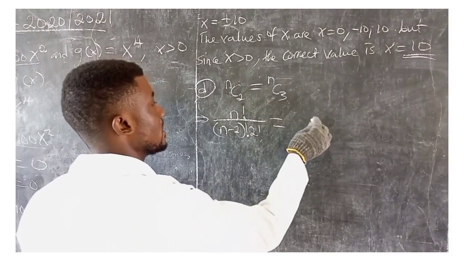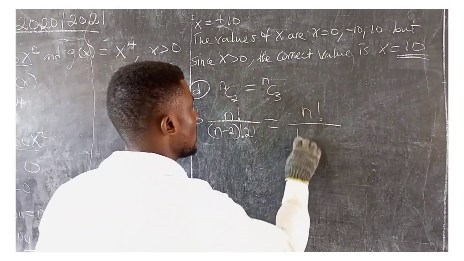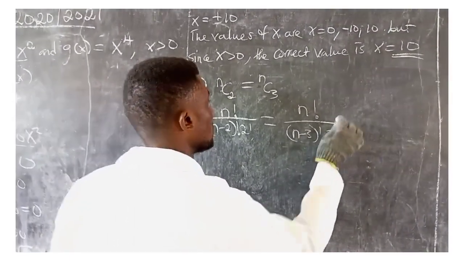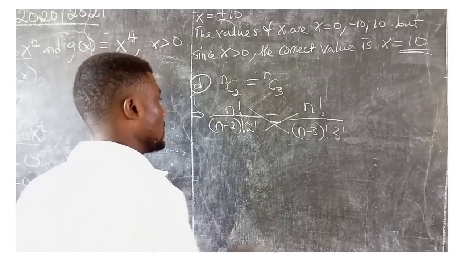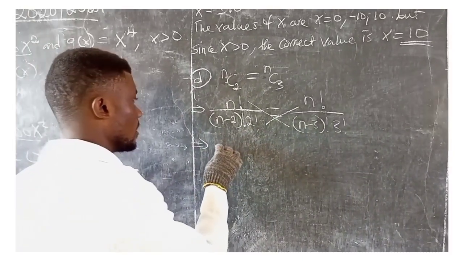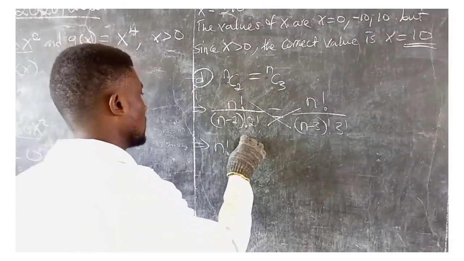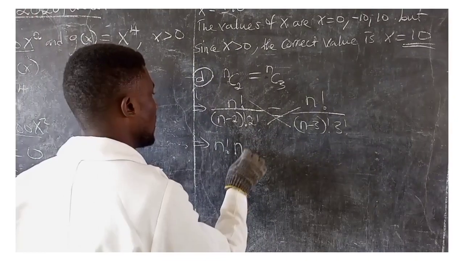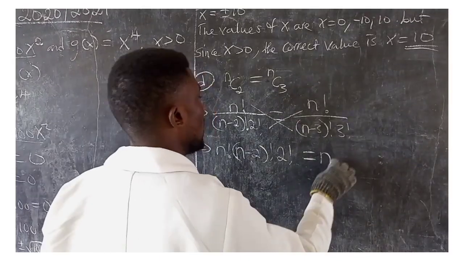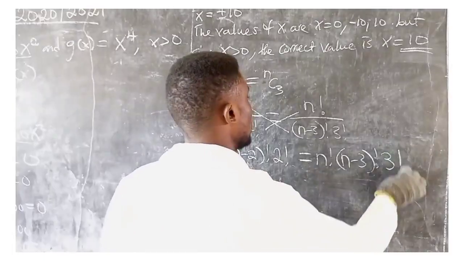And it is equal to the same thing, n factorial divided by n minus 3 factorial, 3 factorial. So if we cross multiply, we see that it gives us n factorial into, or let me say n minus 2 factorial, 2 factorial is equal to n factorial, n minus 3 factorial, 3 factorial.